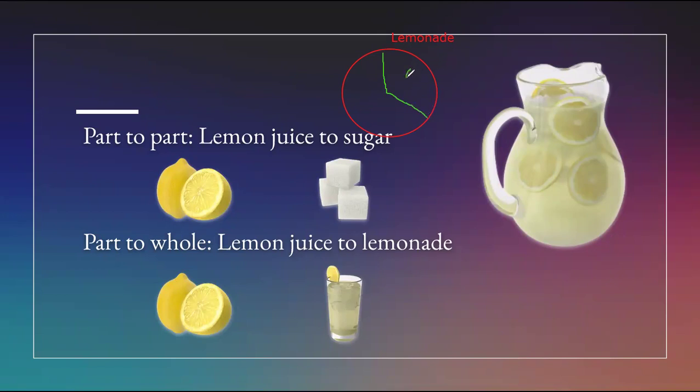I'll put S for sugar. And we'll have this much over here for lemon juice. I'll put J for juice. And so you can see when we have a part-to-part comparison, we're just comparing this part to this part. Whereas if we're doing a part to whole, we might be comparing the juice to the whole. And you can see the whole contains the juice. That's something you want to keep in mind.